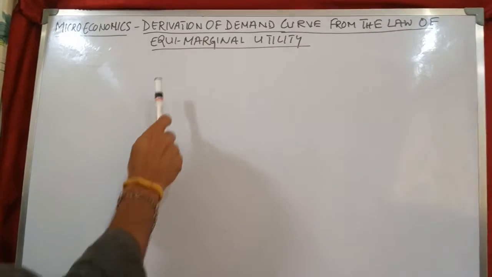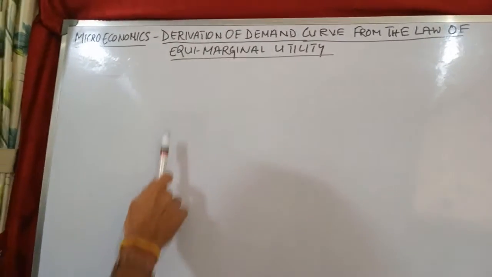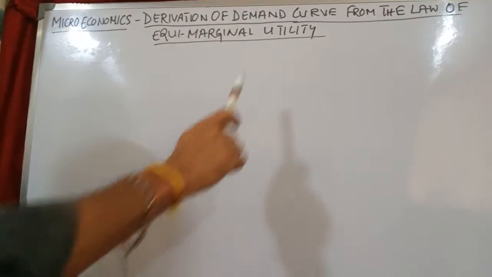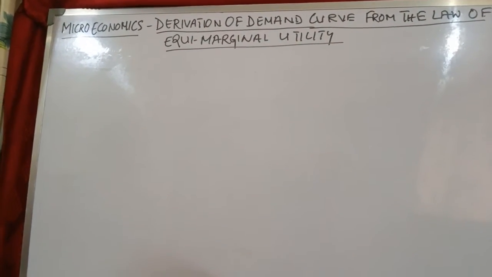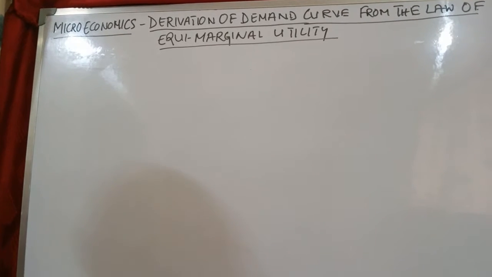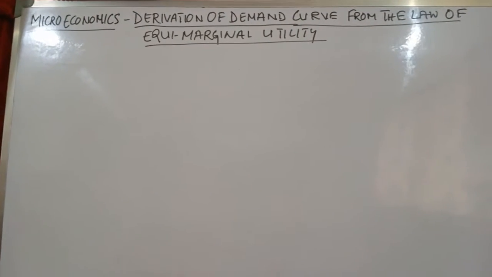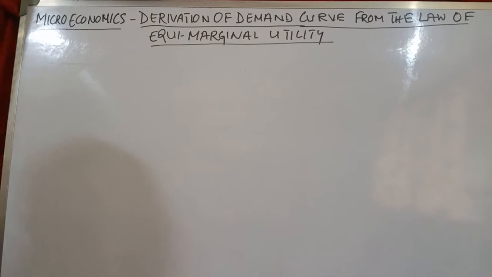And specifically this topic, that is derivation of demand curve from the law of equimarginal utility, is at the juncture of utility analysis of consumers' behavior and demand theory of consumers' behavior.